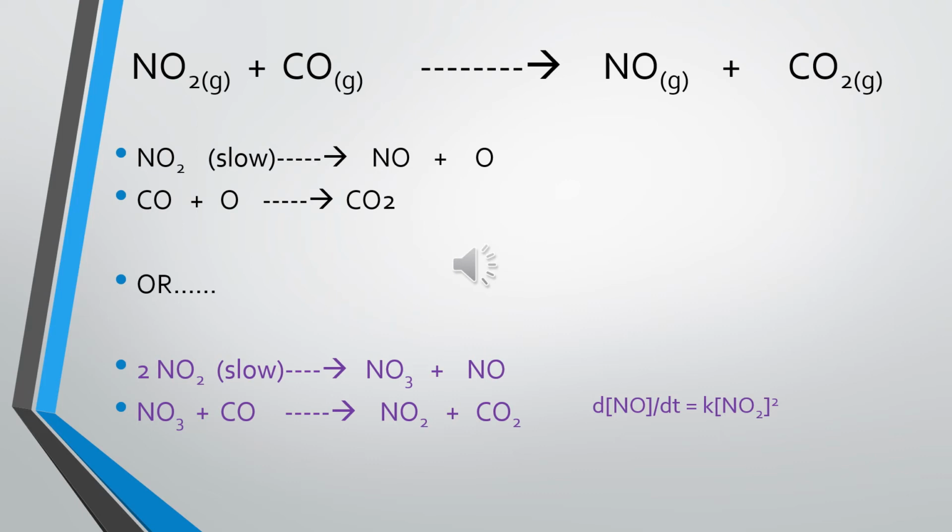That's the experimentally determined rate law, and it is consistent with the bottom reaction mechanism, which involves two molecules of NO2, versus the top reaction mechanism, which only involves one.